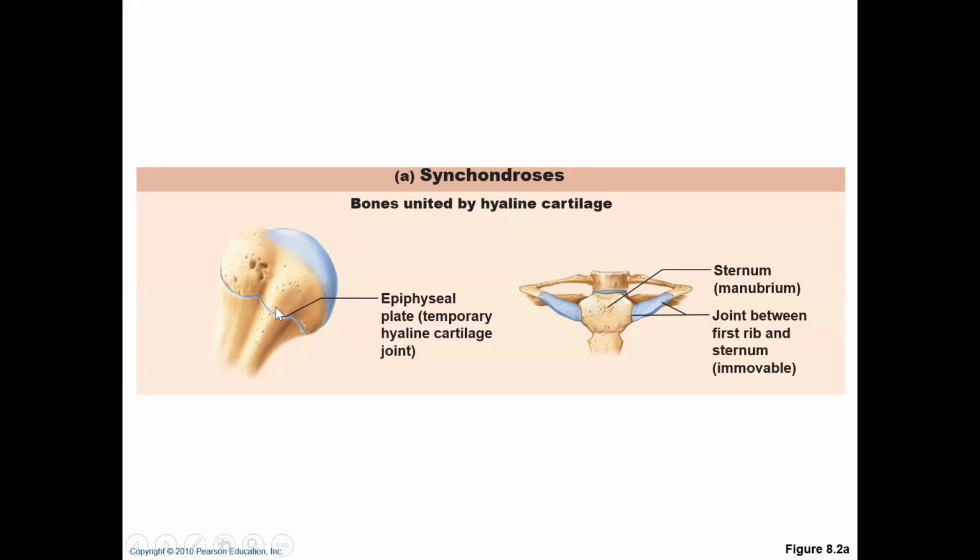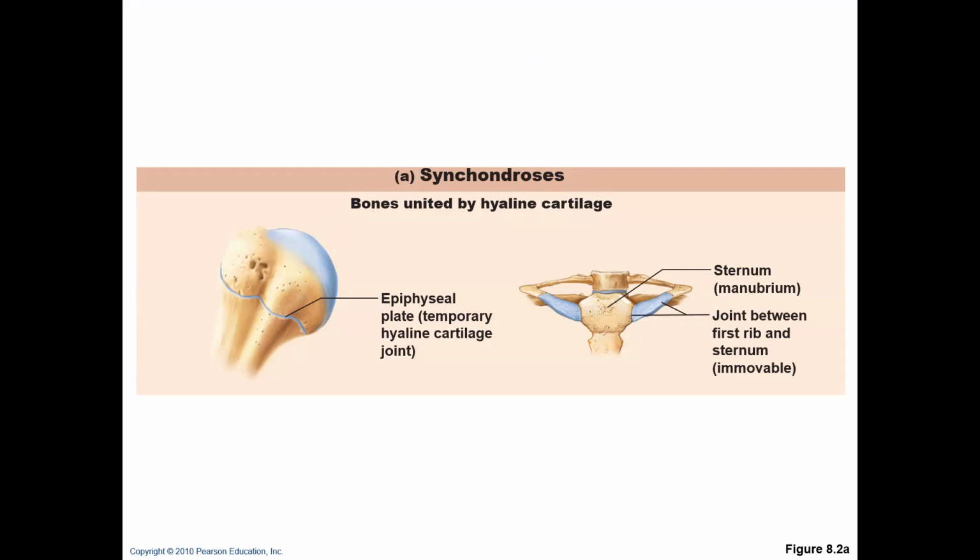There's live cartilage there, yet there shouldn't be any movement. That's a type of cartilaginous joint called a synchondrosis. And also where the first rib meets the sternum, there's hyaline cartilage that shouldn't allow any movement. So that again is a synchondrosis.